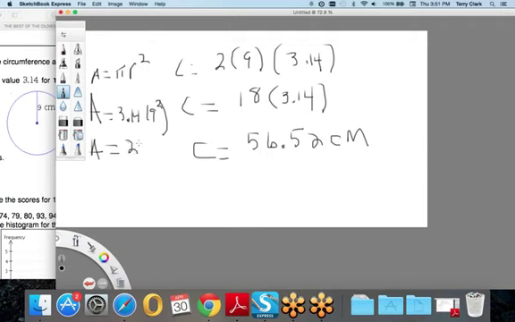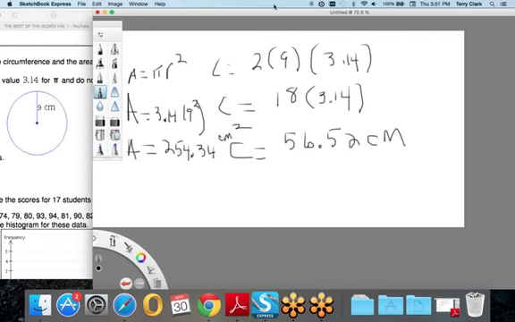Okay, so I'm showing up with 254.34. I'm going to double check this again just to make sure. 9 squared was 81, 9 times 9 was 81, and then we took 81 multiplied by 3.14, and that came up with 254.34 centimeters squared.